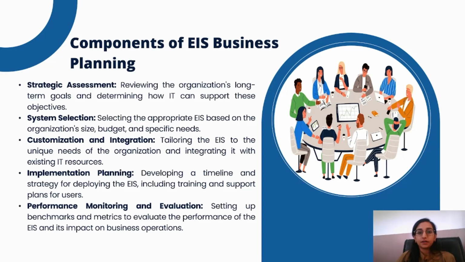This report serves as a foundational document that informs all subsequent phases of the EIS business planning process, ensuring that every decision made is strategically aligned and geared towards fulfilling the organization's long term goals.